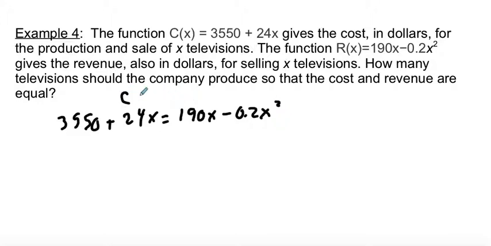So basically we're doing c has to equal r, because it says when are they equal. So let's go ahead and bring everything over to one side. I'm going to bring over 0.2x squared over on this side. I'm also going to bring over 190x.